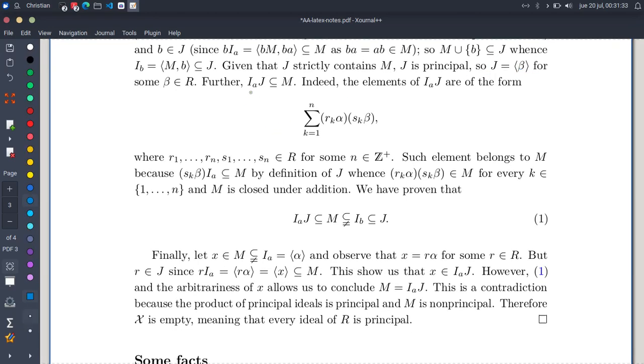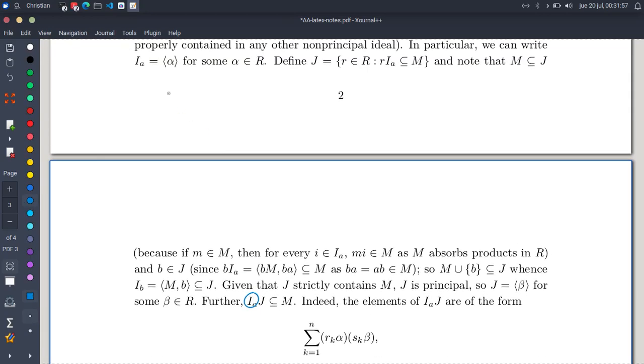Further, let's see that the product I_A J is contained in M. That happens because the elements of this ideal are of the form that you can see here. They are finite sums of products of elements of I_A and J. But the elements of I_A are multiples of alpha because this ideal is generated by alpha.